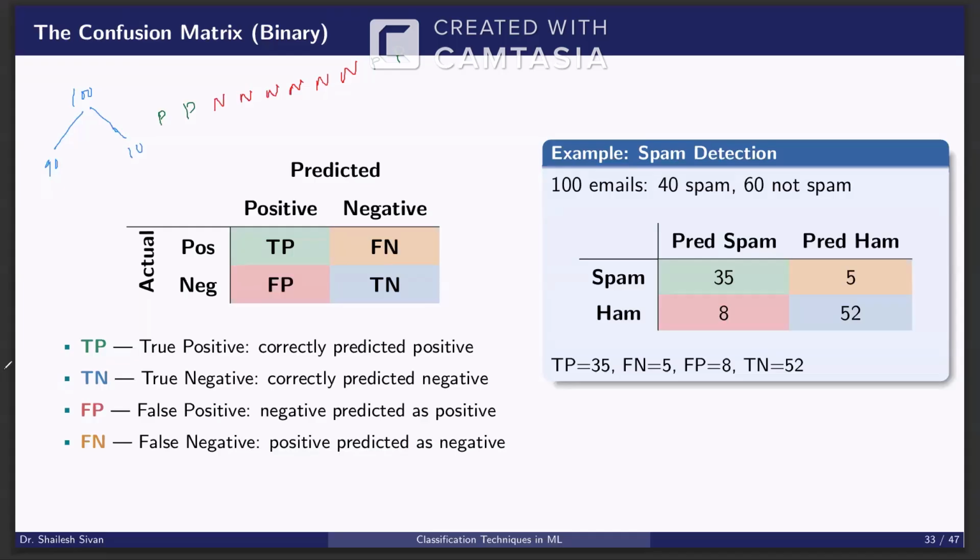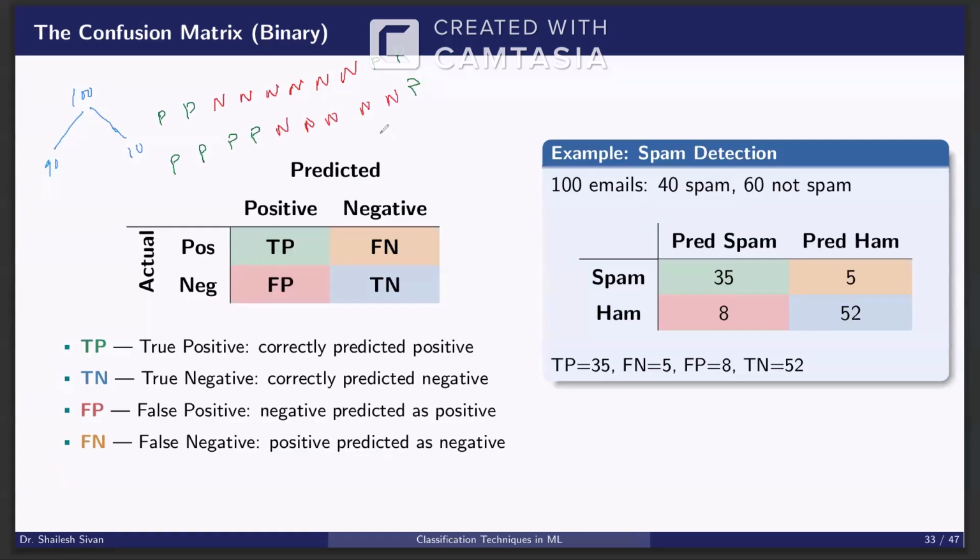On predicting with a classification model, what is happening is I predict this as positive, this as positive, this as positive, this as positive, and this also as positive. But I made mistakes at this point, predicting this as negative, and finally these are also negative.